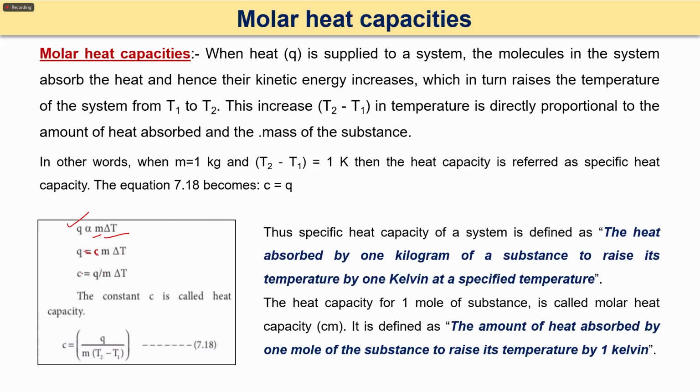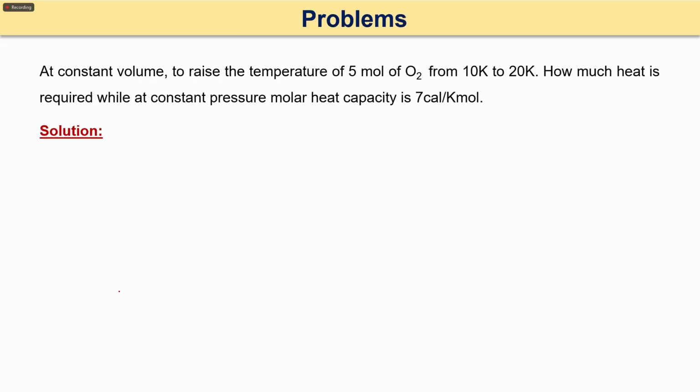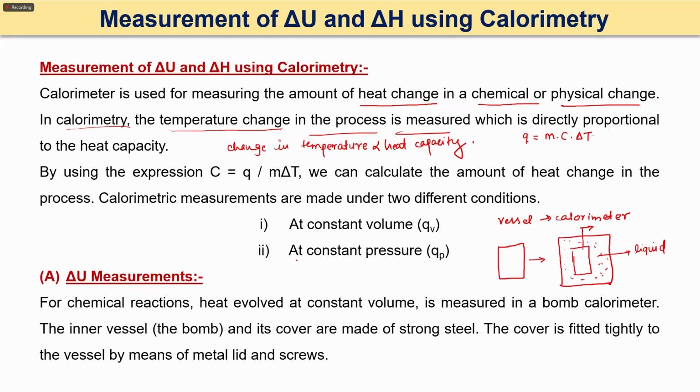If we arrange this equation, we will get C, the heat capacity, is equal to Q by M into delta T. This equation is coming from that. So if we use this equation, we can calculate the amount of heat change in the process.